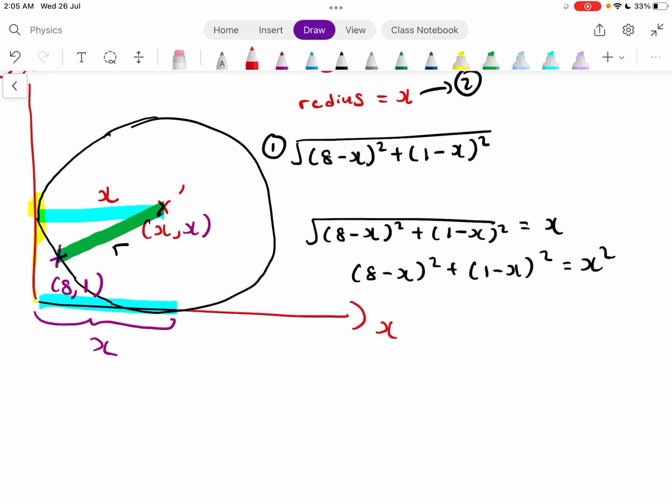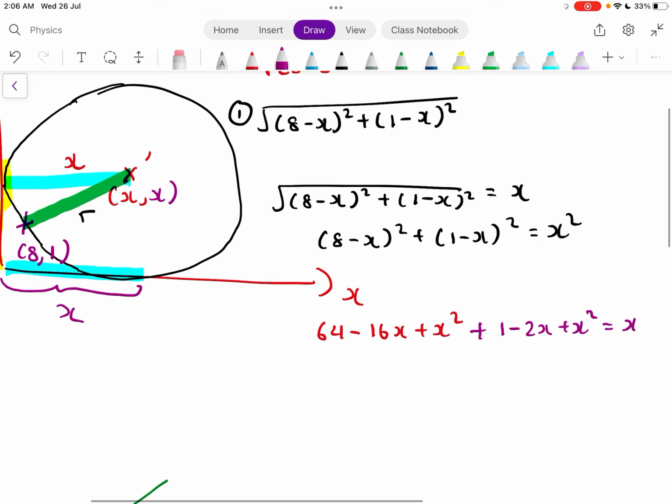You need to do a double expansion. So 64 minus 16x plus x square, that's the first bracket, plus 1 minus 2x plus x square, which will give you x square. So you just need to manipulate. x square plus x square is 2x square. Then negative 16x minus 2x is minus 18x. 64 plus 1 is plus 65.